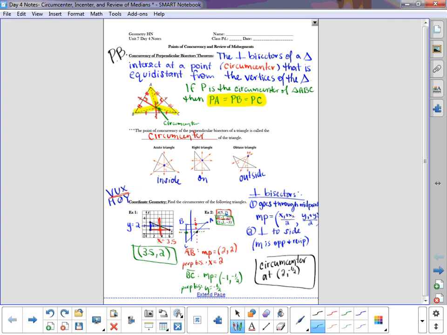And peanut butter is very tasty with chocolate. Now, what's not quite as commonly known is that it's also quite tasty with certain veggies. Specifically, carrots and celery. So, peanut butter is tasty with chocolate and veggies. Perpendicular bisectors meet at the circumcenter, which is equidistant from the vertices. Okay, that one's not too bad.